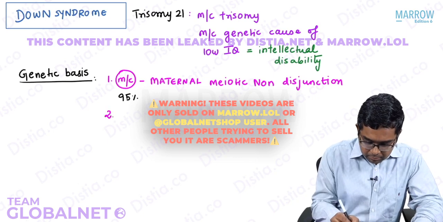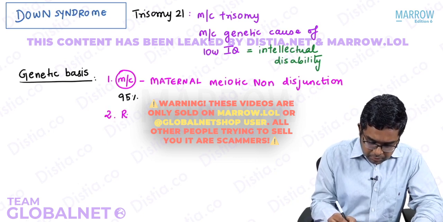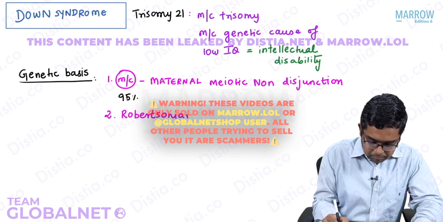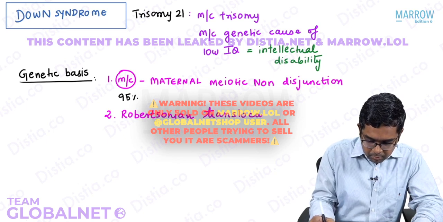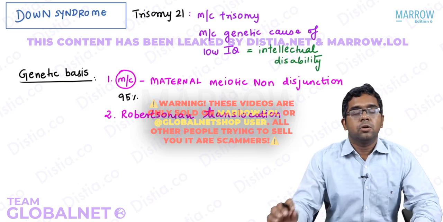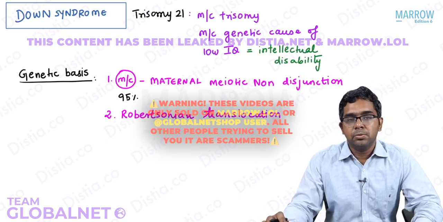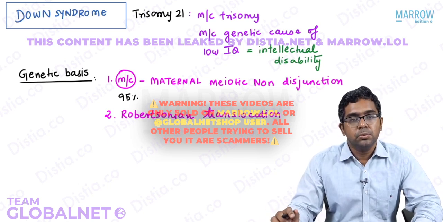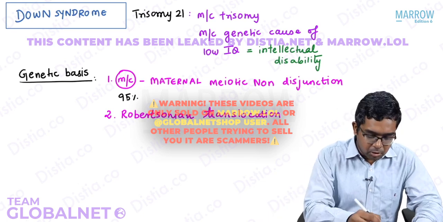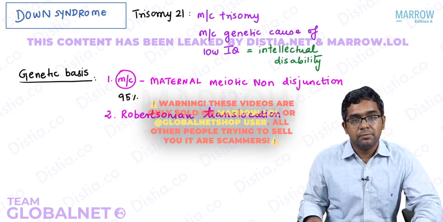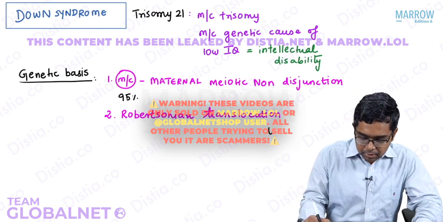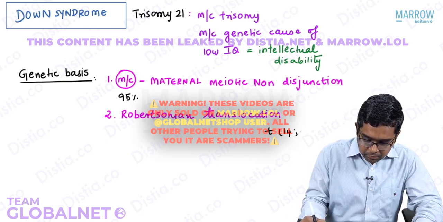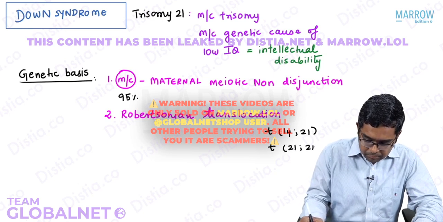The second common reason is something which is associated with Robertsonian translocation. What is Robertsonian translocation? It refers to a translocation between 2 acrocentric chromosomes. The commonly encountered Robertsonian translocation varieties in Down syndrome include translocation 14-21 and translocation 21-21.